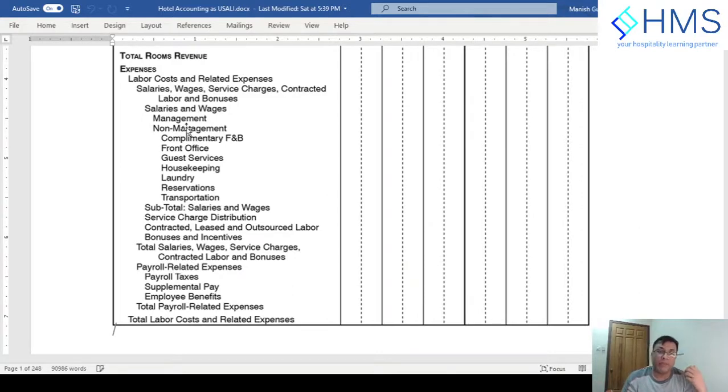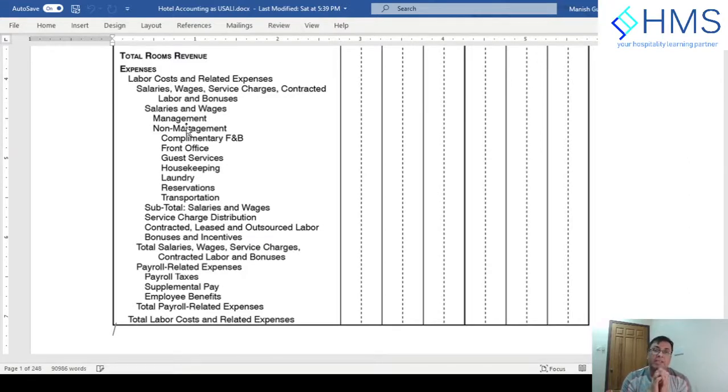So why do we separate between the management and non-management? The reason why we are splitting the management and non-management is because management is usually covering the entire operating section of the rooms. They may be doing the front office, they may be looking after guest services, they may be looking after housekeeping, laundry.